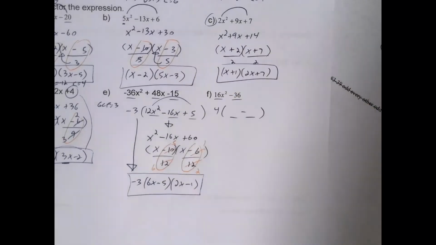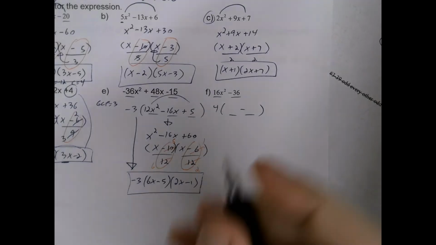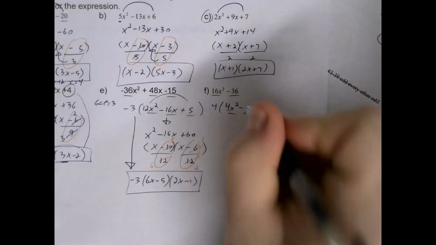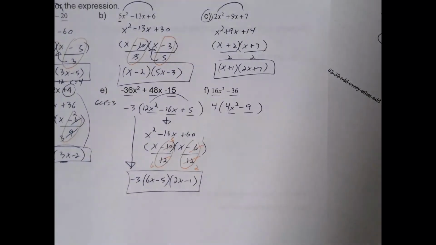Tell me what's left inside. A 4x squared and a what? A 9. Bingo. See, always pull the GCF out first. Now I've got this stuff inside. Now, I want to see if you guys were picking up on it.